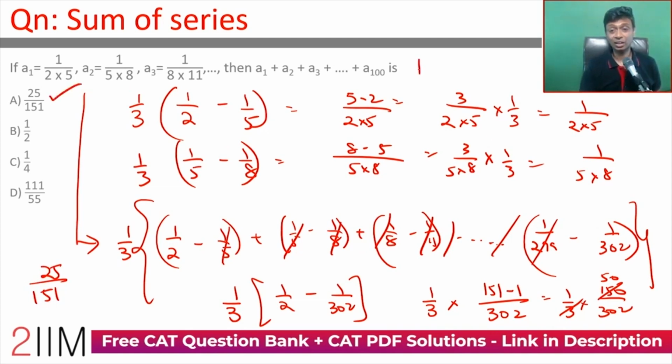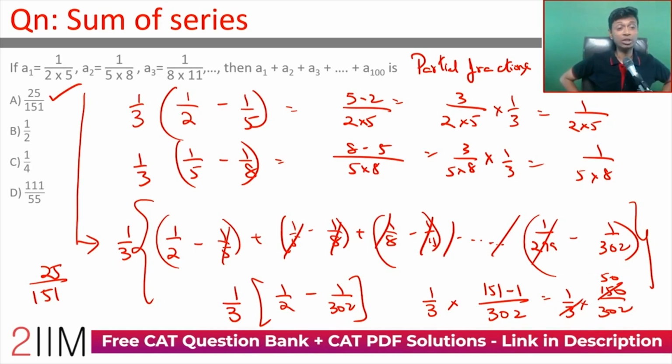Key thing here, you're looking at partial fractions. You're looking to break these into fractions such that you have a bunch of terms that get cancelled. 1 by 1 into 2 is 1 by 1 minus 1 by 2. 1 by 2 into 3 is 1 by 2 minus 1 by 3. 1 by 3 into 4 is 1 by 3 minus 1 by 4. Likewise, 1 by 2 into 5 is 1 by 2 minus 1 by 5, 1/3 of this. The numerator becomes 3, so I'll have to knock that off.